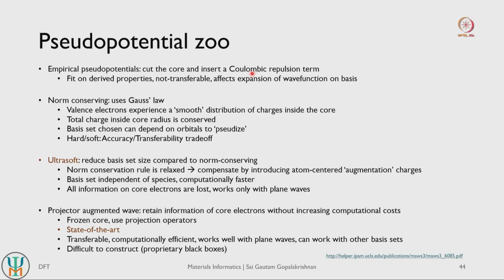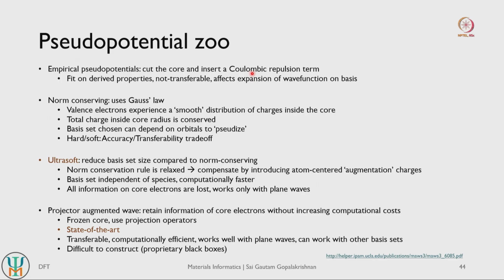So in the case of iron, if you cut out the core of 26 nuclei and 18 core electrons, the effective charge you have is about 8 positive charges, right. So you insert an effective Coulombic term, so you have an attractive term and a repulsion term that acts on your valence electron.